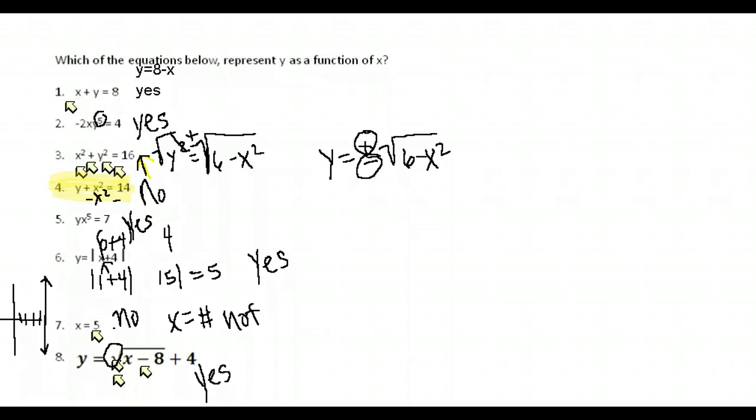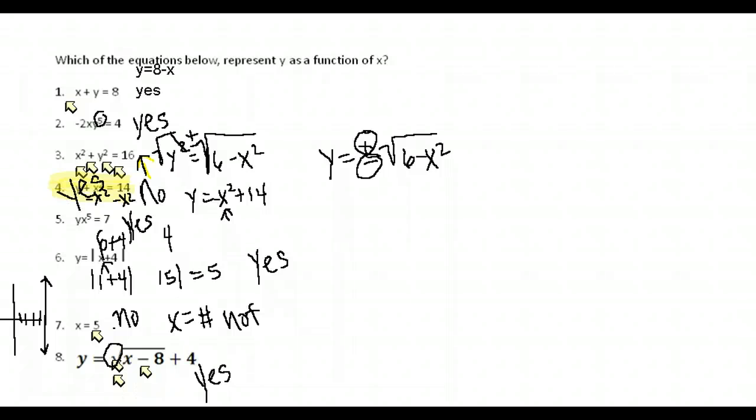To isolate the y, all we would do is subtract an x squared from both sides, and we would have y equals negative x squared plus 14. No matter what x I put in here, I'm only going to get one answer. It's okay to have a square on the x. It's when we have a square on the y that we usually come out with a problem. So this one is yes.